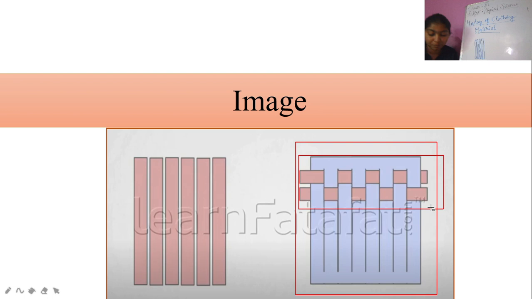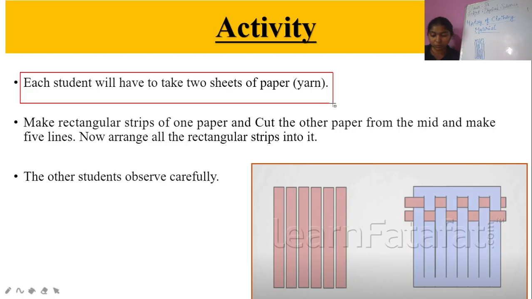So let's see. Each student will have to take 2 sheets of paper to make a yarn, okay. Now students, you have to make rectangular strips from the paper and cut them out. For that you have to arrange it properly.